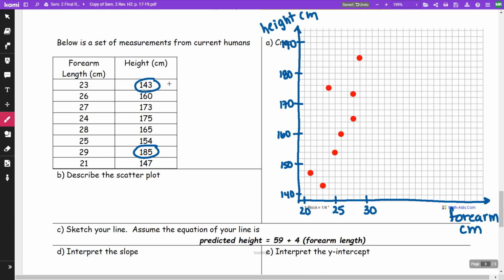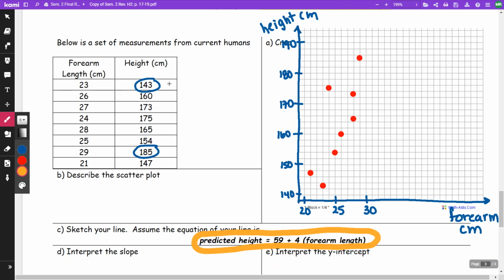And then they want us to describe the scatter plot. They also want us to sketch the line. We did not have to generate the line. They actually generated it for us right here. So what I'm going to do is substitute in a value to see what I would get out.